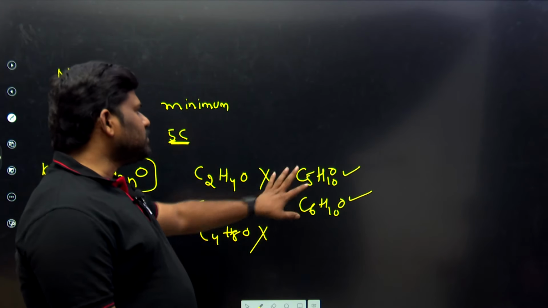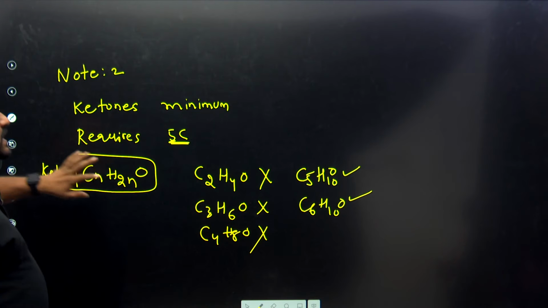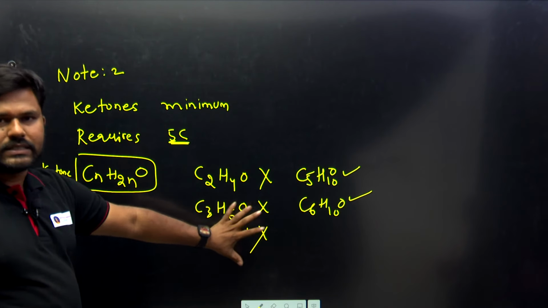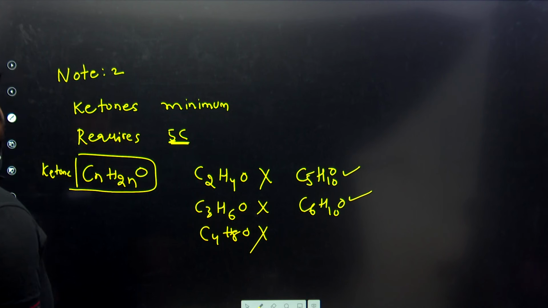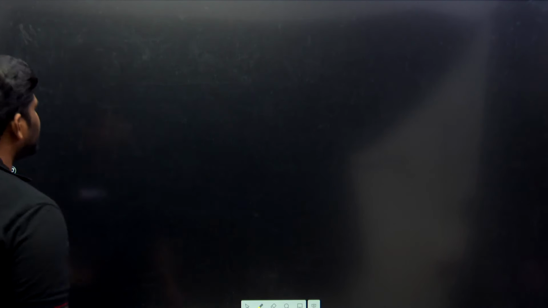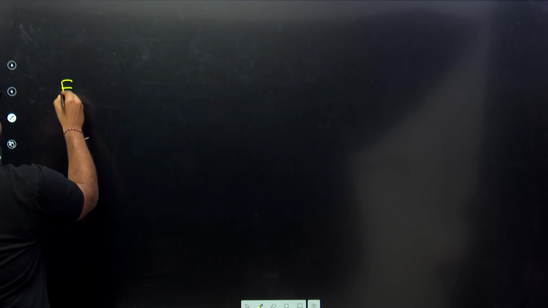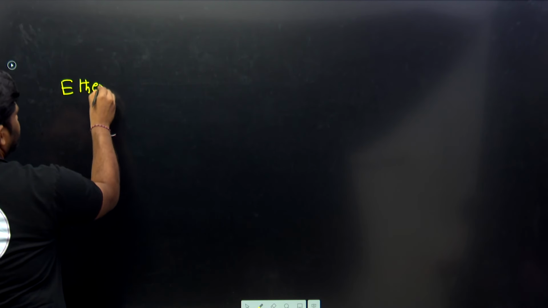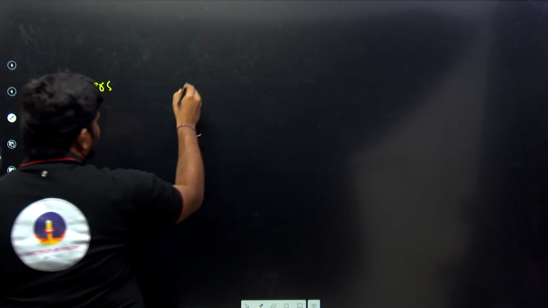Understood, students? Simple: up to 4 carbons, ketones cannot exhibit metamerism. Again I am repeating, very important for competitive exams: ethers and ketones.